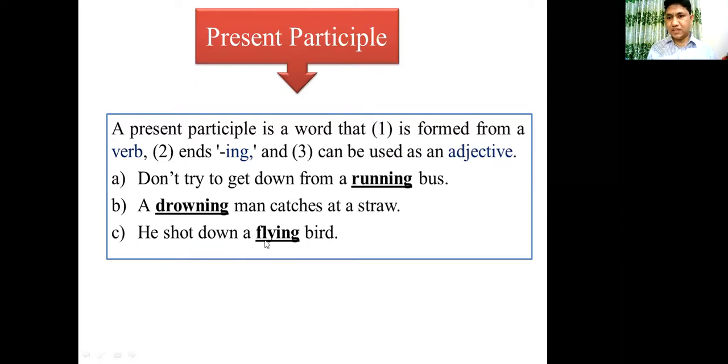Here, fly is a verb. -ing is used and it becomes the present participle flying. And this flying modifies bird, which is a noun. So you see, present participles are used to modify nouns, and these present participles are used as pre-modifiers.